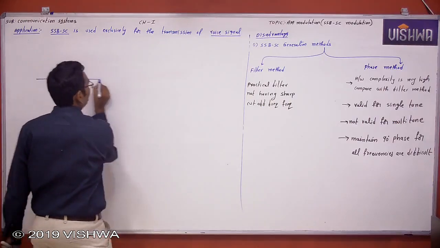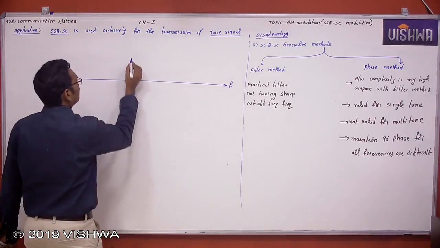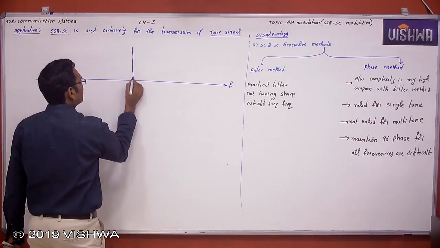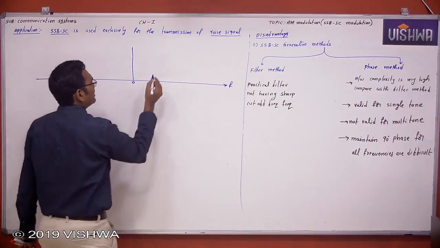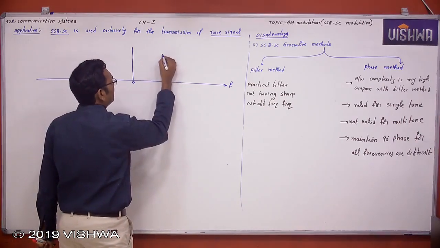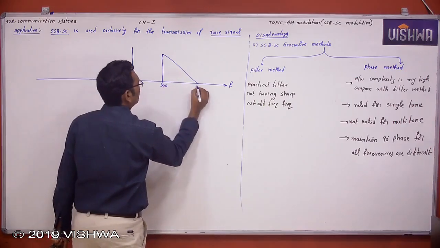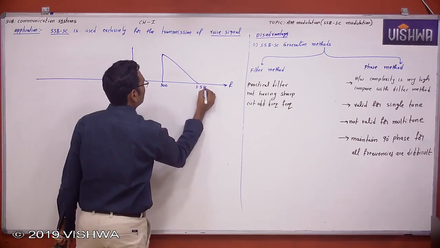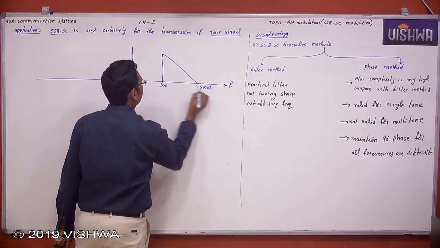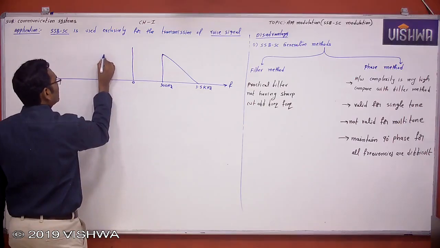I have just given the frequency domain. Now this is the voice signal. You know the frequency range of voice signal is 300 Hz to 3.5 kilohertz.